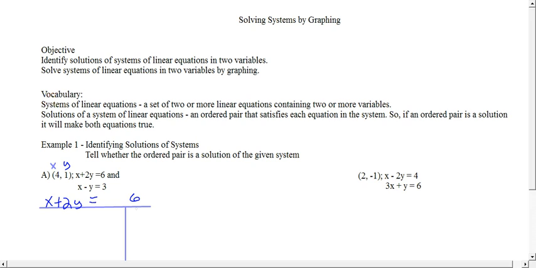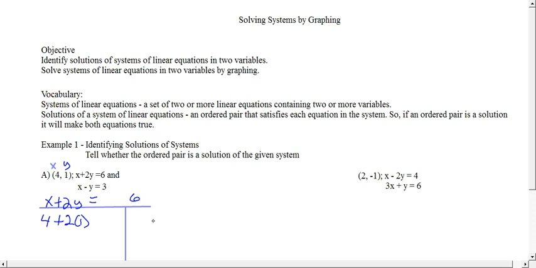The only thing we have to do is simply substitute 4 for x and 1 for y and solve. So that's 4 plus 2 times 1.